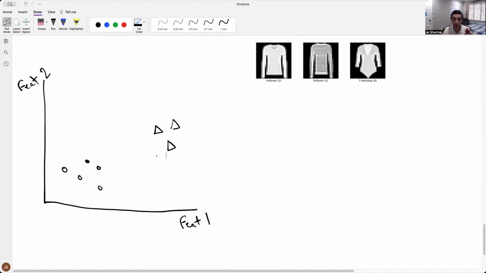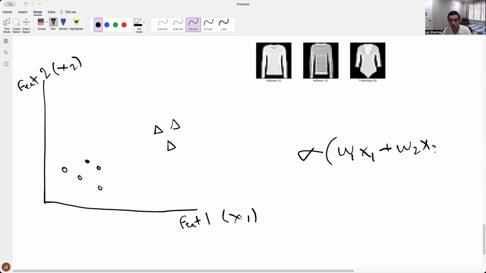Just to be clear, I want to put one thing aside: if you do logistic regression on this, it will use a line, specifically a line, because that's what was there before we did the sigmoid. So remember, sigmoid of W1 X1, so this is, let's say, X1, and this is, let's say, X2. So W1 X1 plus W2 X2 plus B, whatever B is.